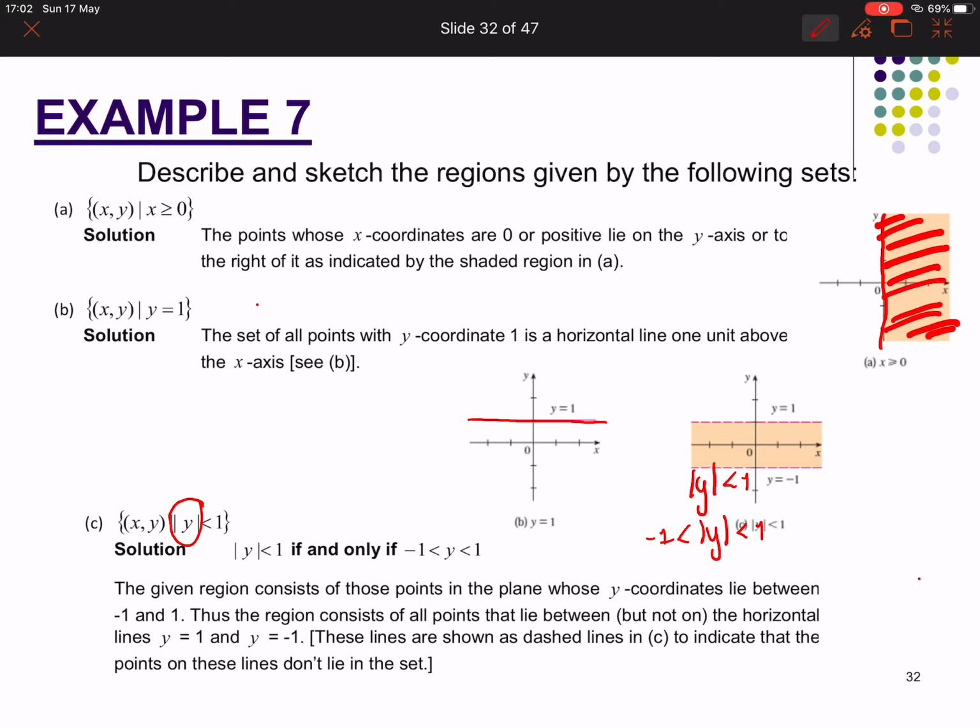And also, the next one is the value of y greater than -1, which means that you go up from y equal to -1 here, and y equal to -1 will not be included in the shaded region. And here is the sketch of the region that we are looking for.